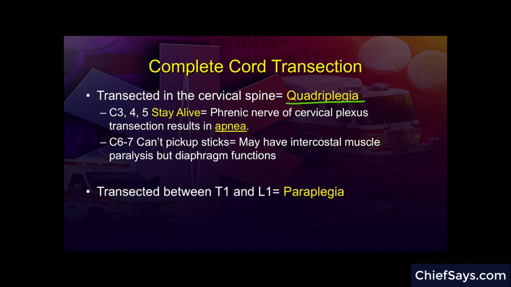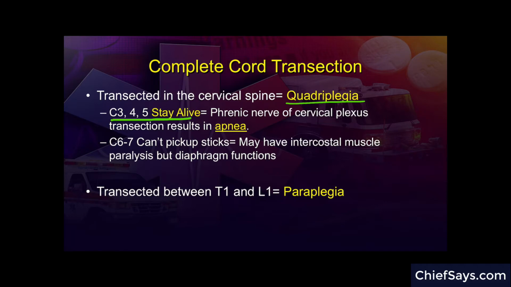So even if we have injuries above the level of their being able to control their arms and legs, they may have also impacted their ability to keep their vital signs, keep themselves alive. So the saying was essentially, if you have an injury between C3, 4, and 5, it's going to impact the patient's ability to stay alive.